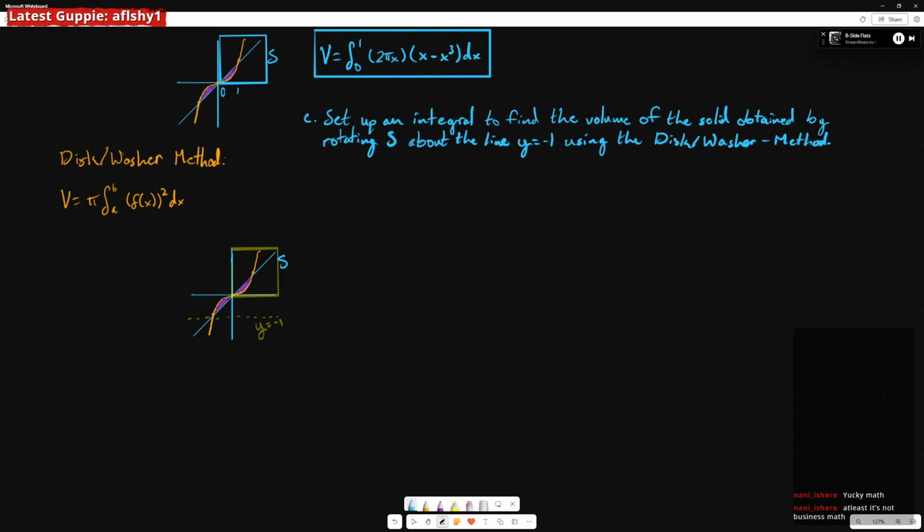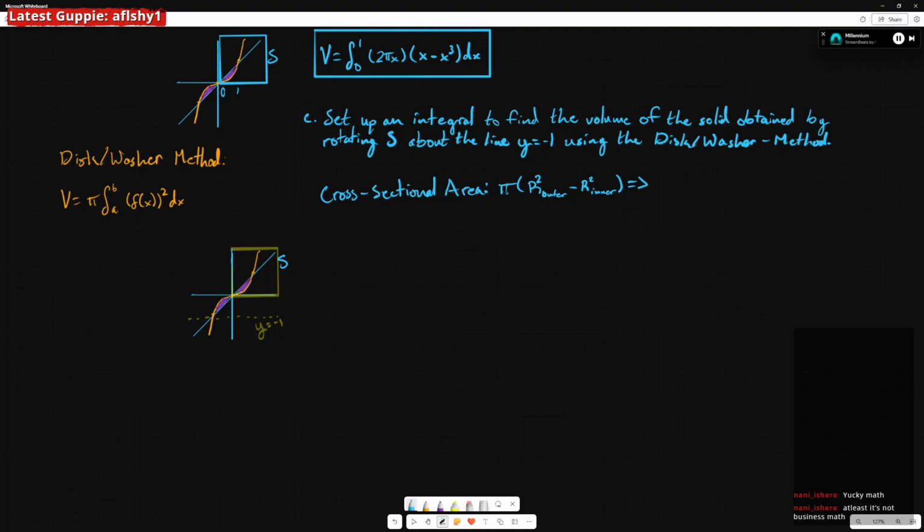So to set this up, we need the cross-sectional area, which is given by pi times the outer radius squared minus the inner radius squared, right?